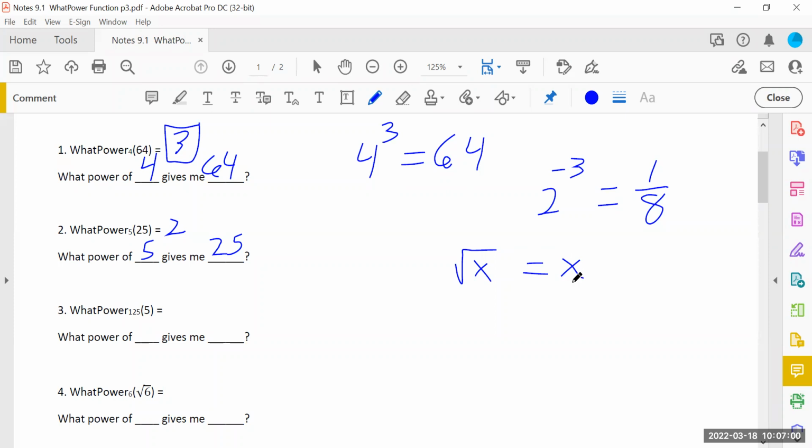What is that power? It is a fraction. So a square root means a 1/2 exponent. We did a whole unit on this, but it was like 3 months ago. So square root of x is x to the 1/2 power. And likewise, the cube root of x would be x to the 1/3 power.